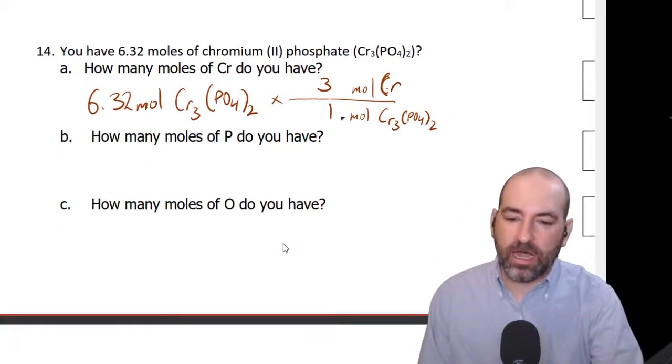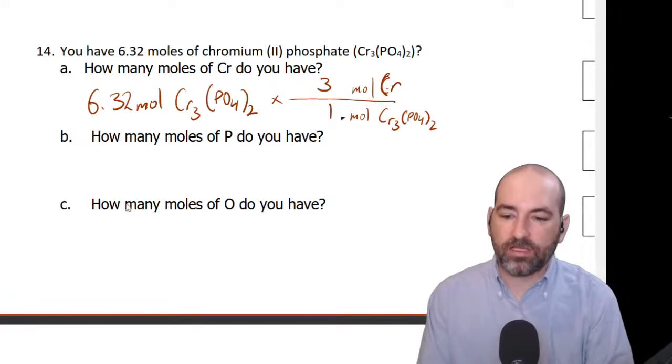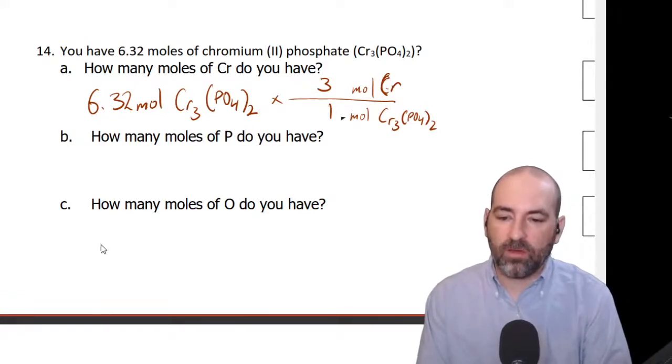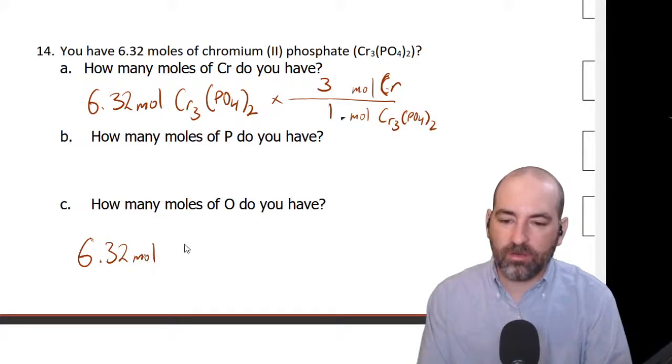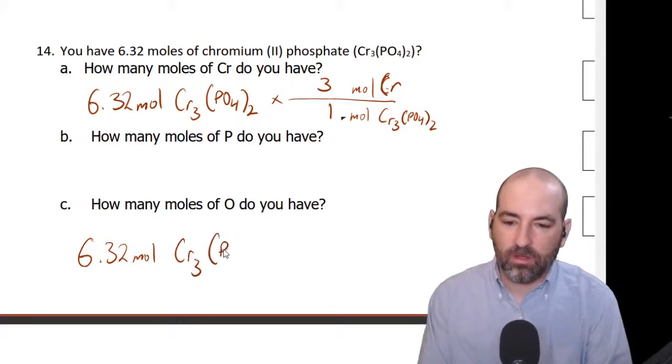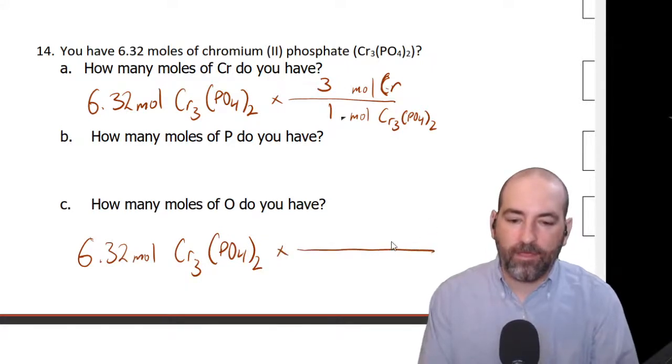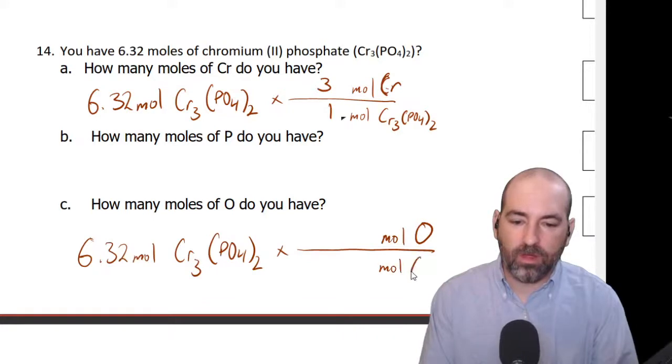Let's jump down and look at oxygen here. So how many moles of oxygen would we have? Well, we got that same basic setup, 6.32 moles of the whole thing, and this time we want moles of oxygen per mole of formula. Everything is really the same.